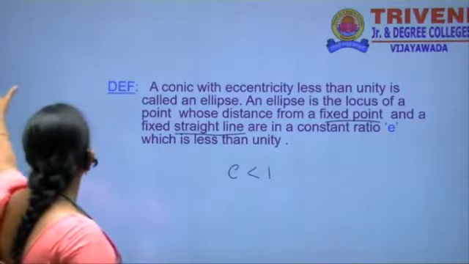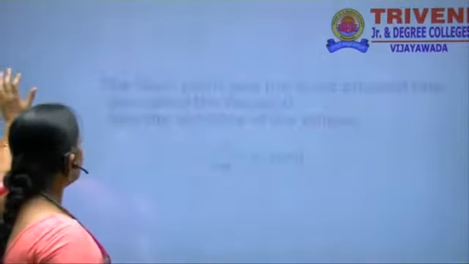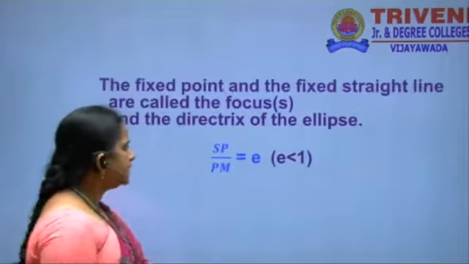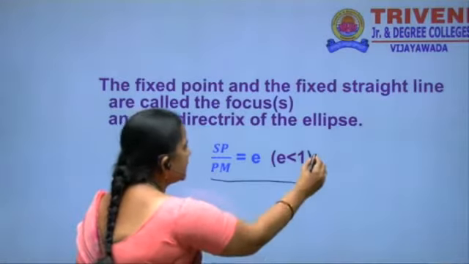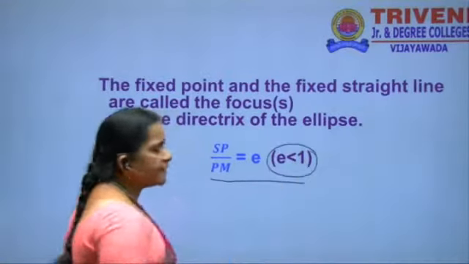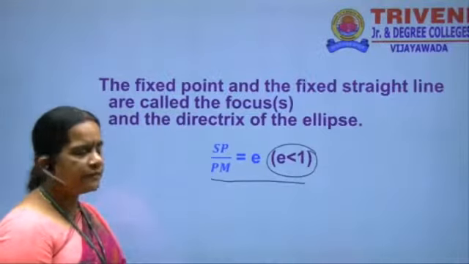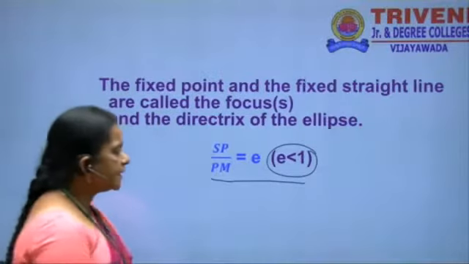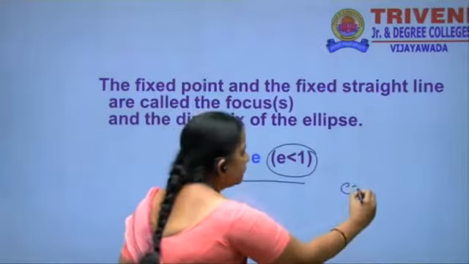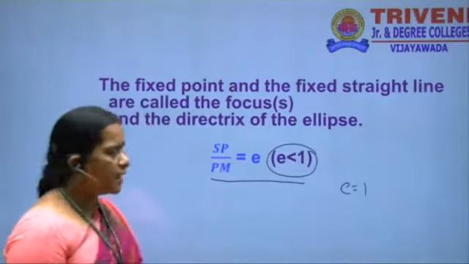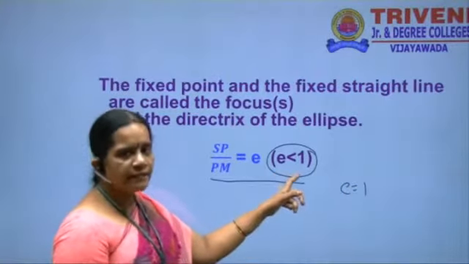It can be denoted by SP by PM is equal to E. In a parabola, E is equal to 1; E less than 1 is an ellipse.